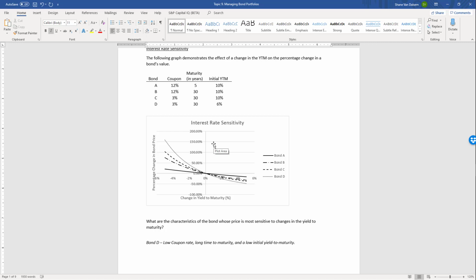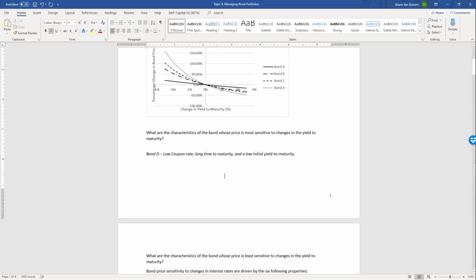The higher the coupon rate, the lower the bond's sensitivity to a change in interest rates. The longer the time to maturity, the greater the interest rate sensitivity, and the lower the initial yield to maturity, the higher the interest rate sensitivity.